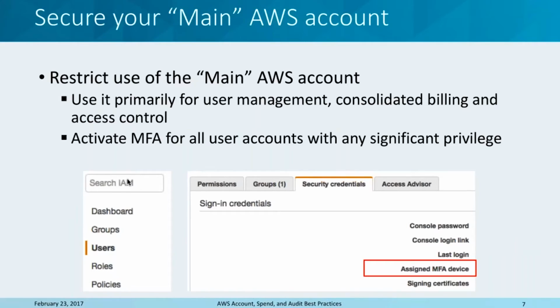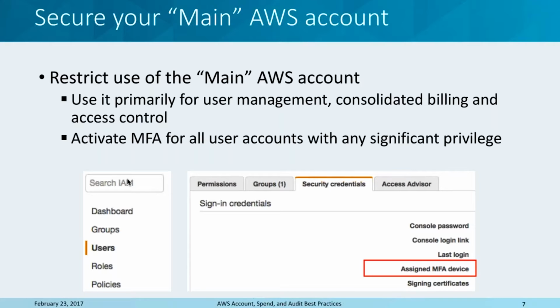Second thing is, how do you secure your main AWS account? You also want to restrict the account so you're using it mostly for user management, roles management, consolidated billing, and access control. You don't want, we'll get into this later, you don't want to be creating IAM users on this account. Yeah, and one of the things that this allows you to do is, on the main account, you can really provide users with very limited access to the account.